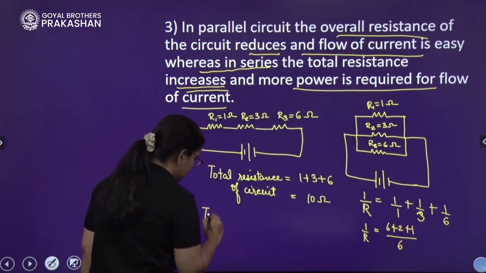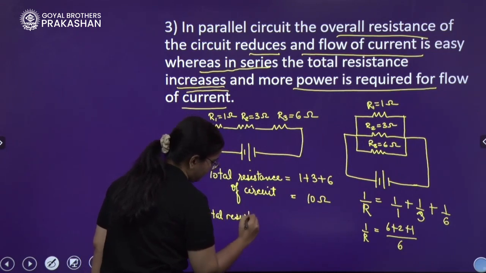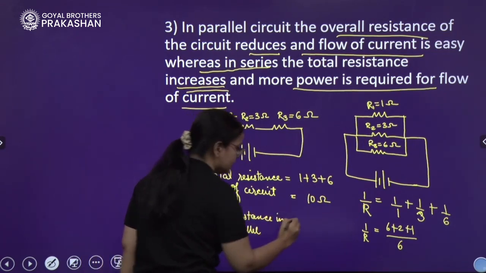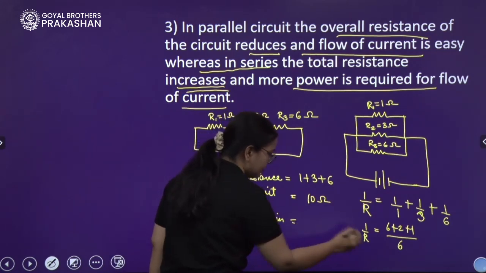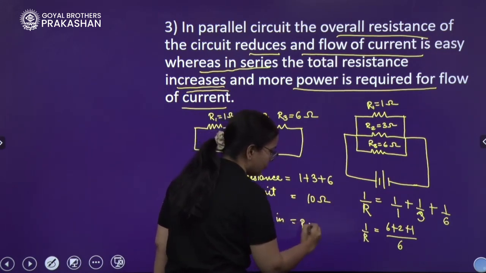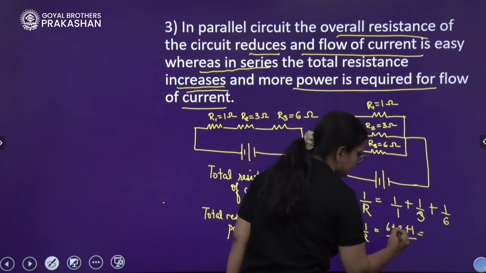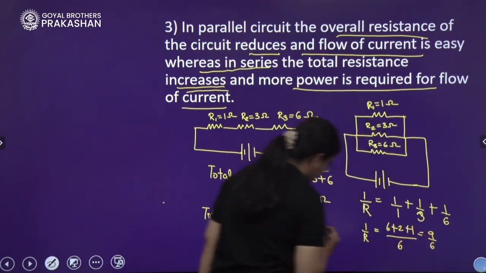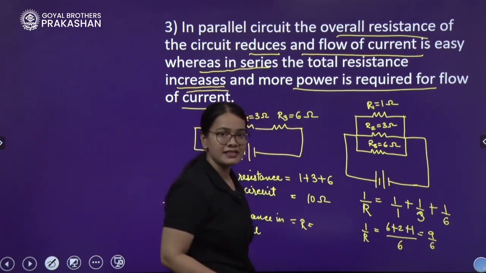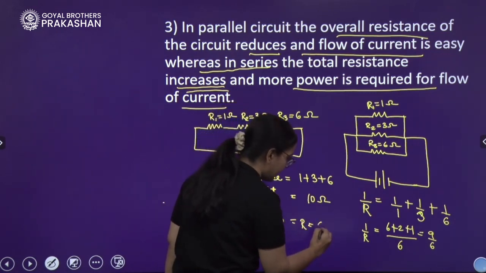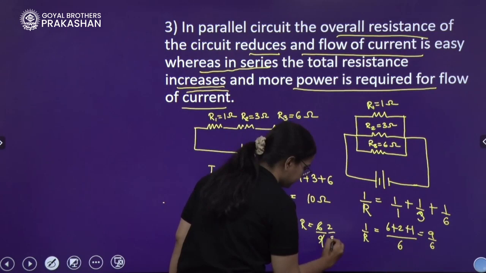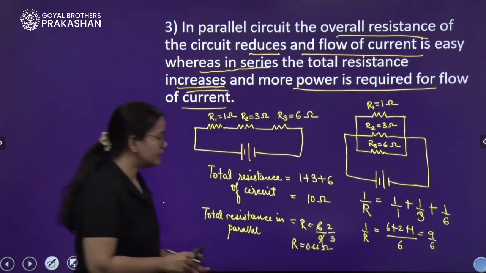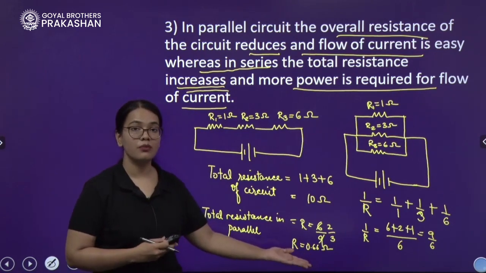So the total resistance in parallel will be R, and R is what? See, 1 by R is 9 by 6. So R will be 6 by 9. So in this case, your total resistance is 0.6 ohm.